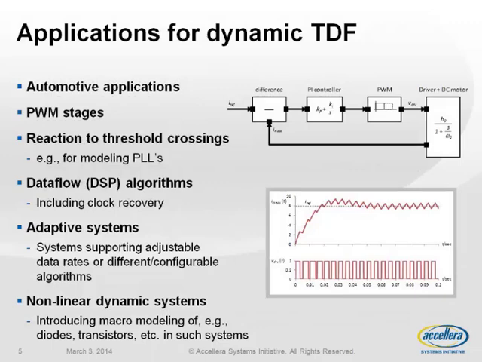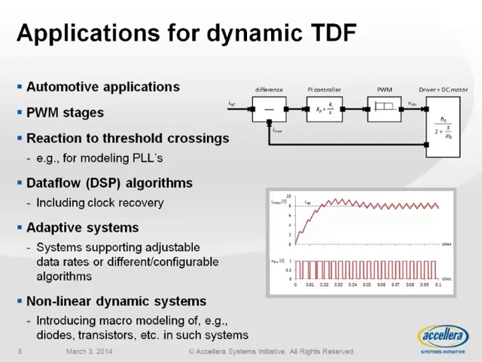the existing TDF model of computation, so that now applications in the automotive domain, which often include PWM stages or have to react to threshold crossings, where you have DSP algorithms and so on, become possible to simulate.